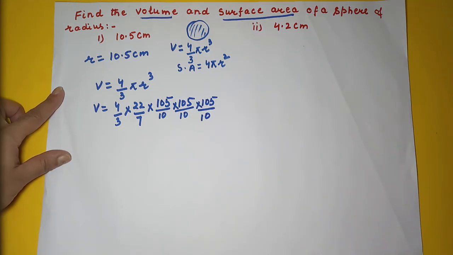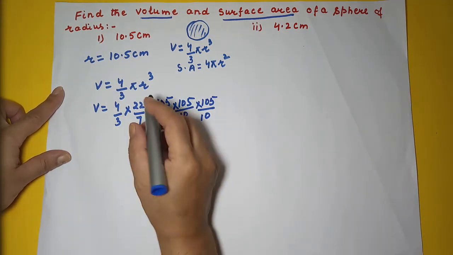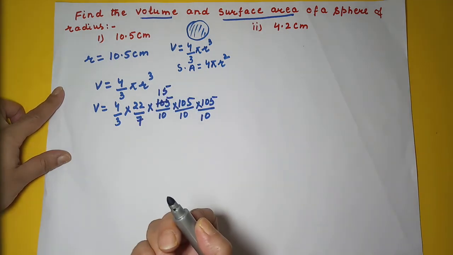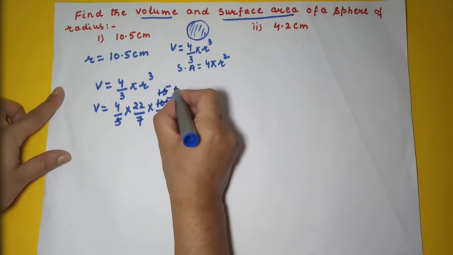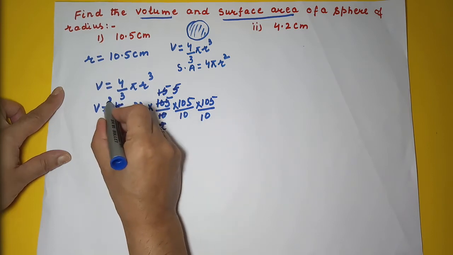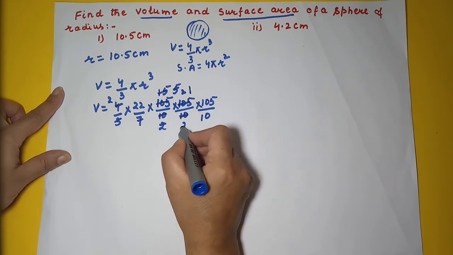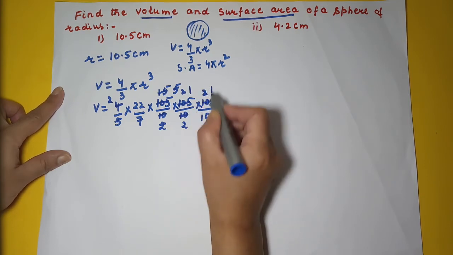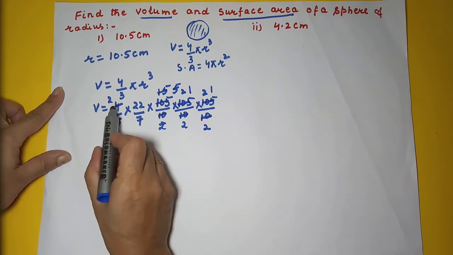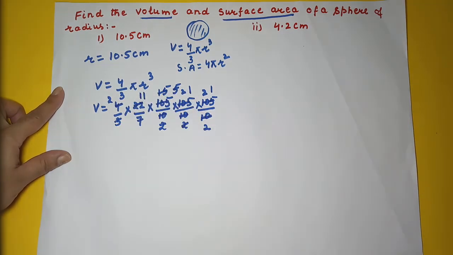Now we have to solve it. While solving, you have to be very careful with the calculations. So 7 1s are 7, 7 5s are 35, then 3 5s are 15, 5 2s are 10, and so on, so you are left with 2. Okay, this will go with 11, right?